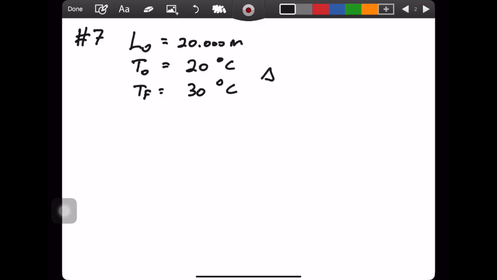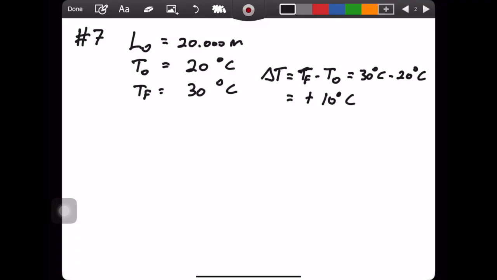We know that because our delta T, which is equal to T final minus T initial, is 30 degrees Celsius minus 20 degrees Celsius, which is equal to positive 10 degrees Celsius. The key there, positive. We have an increase, and so we're going to have a lengthening.